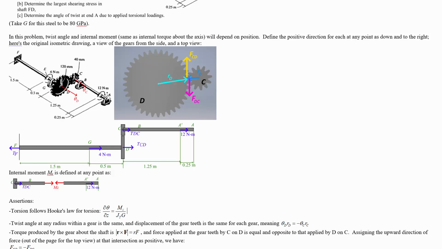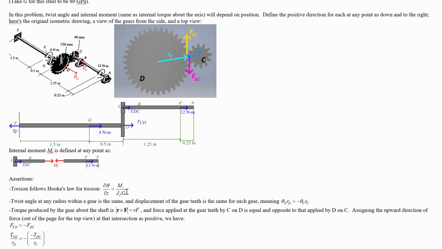So theta D, the amount that this one rotates that way, times RD has to be equal to negative theta C, because theta C was the amount by the right-hand rule that this one rotates this way. So negative theta C is the amount that it rotates this way, times RD. So that gives us a relationship between those angles because we know the gear radii.